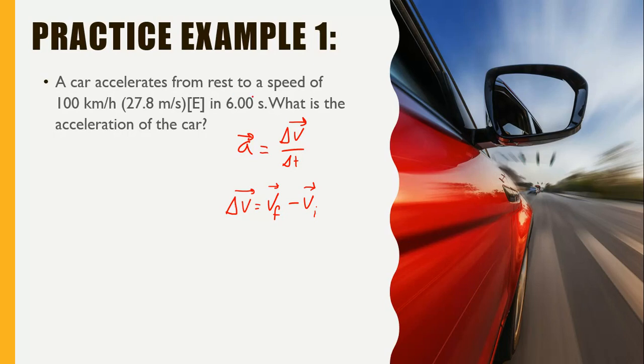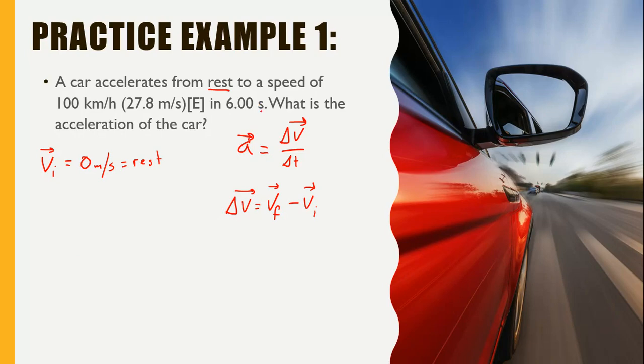Okay, so let's take a look at the variables in my question. It says, a car accelerates from rest. So that means the car is, let's say, stopped at a red light. Okay, so it's stopped at a red light. That would be its velocity initial. Okay, so the velocity initial of this car is 0 meters per second. This is rest. Okay, it's stopped.